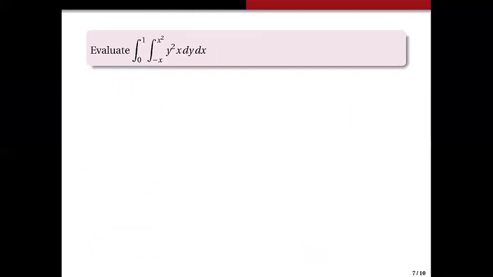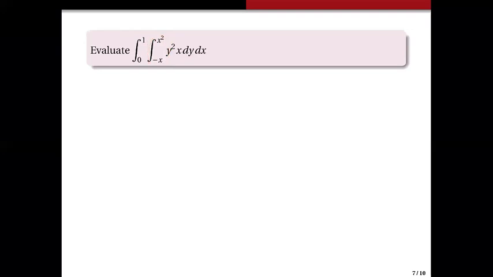So in here, we want to integrate from 0 to 1, then from negative x to x squared, the function y squared x dy dx. So in here, the variable of integration first is y. Therefore, this guy here is with respect to y.